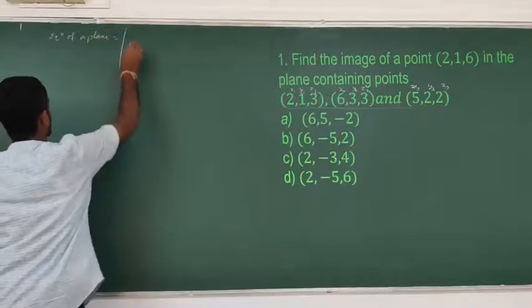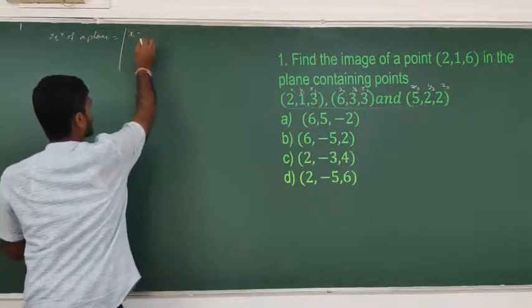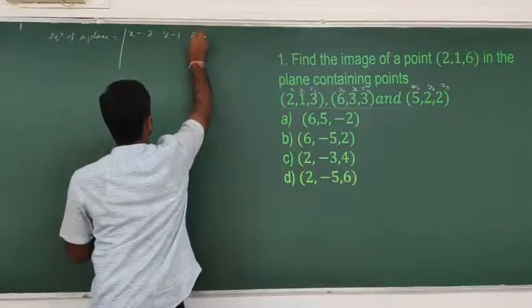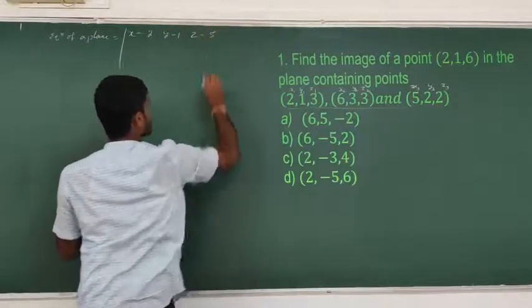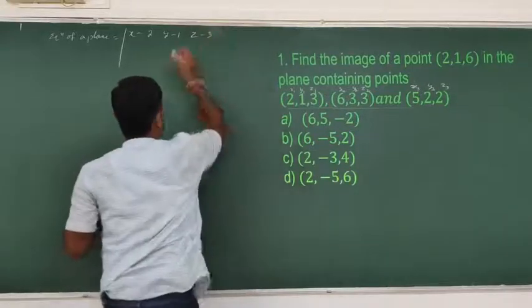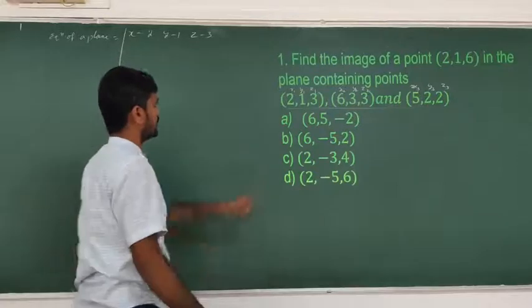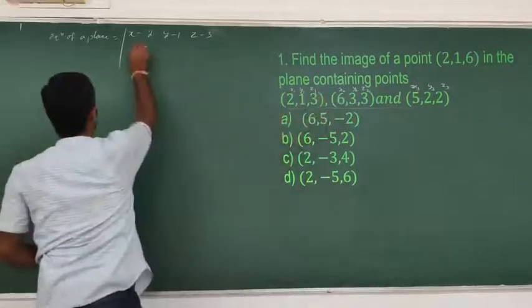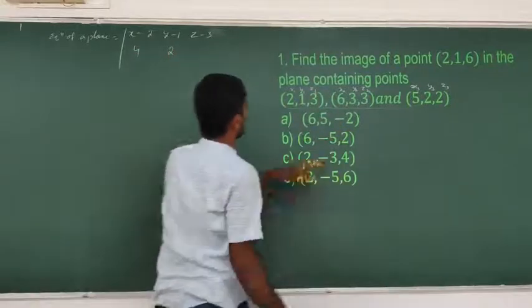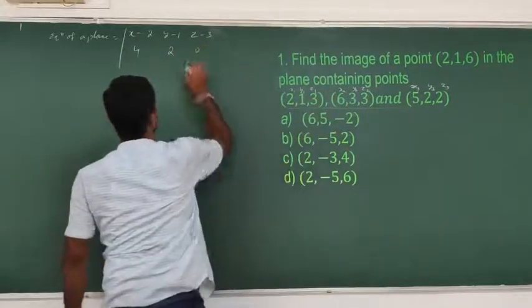Now the equation of the plane is equal to the determinant of x minus x1, x1 is 2, y minus y1, y1 is 1, z minus z1, z1 is 3, z minus z1. Next, x2 minus x1, that is 6 minus 2, 4, y2 minus y1, 3 minus 1, 2, z2 minus z1, 3 minus 3, 0.